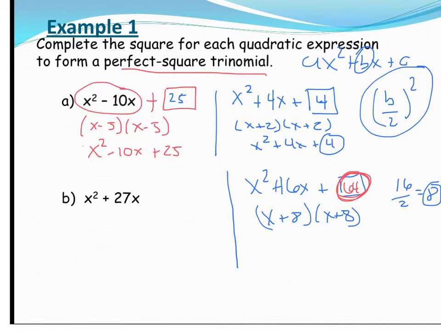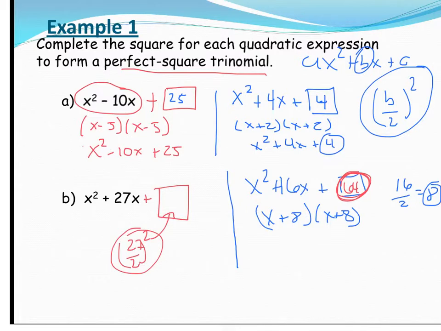So let's look at part B. This is an odd number, so we're going to deal with a fraction. With this problem, I'm just completing the square, so all I'm doing is adding this last value: b divided by 2, squared. I would just write that value in, 27 over 2 squared.